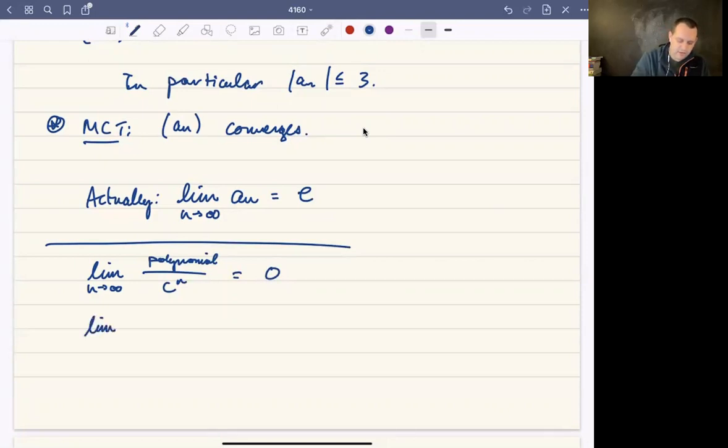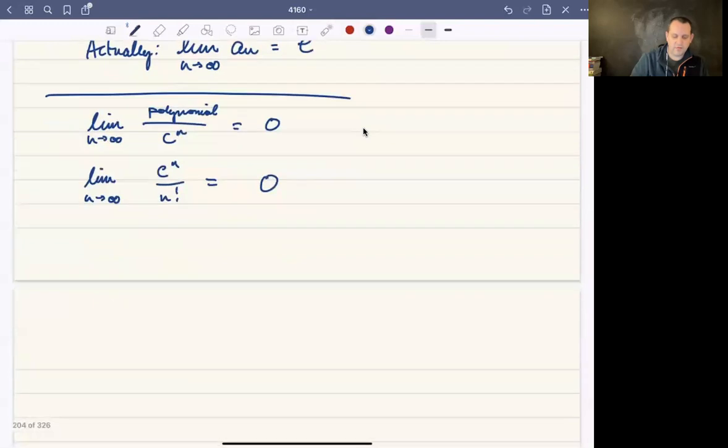If you were to have an exponential over a factorial, that's going to be 0. Again, factorials grow faster than any exponential function. Polynomials grow slower than exponentials. Exponentials grow slower than factorials. The factorial grows slower than n to the n. Okay, so that's also going to be 0.